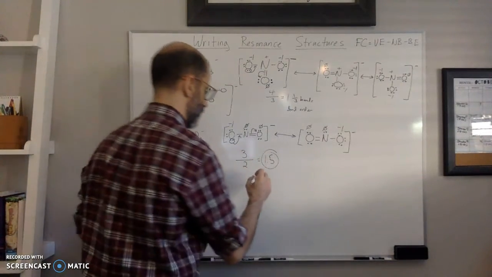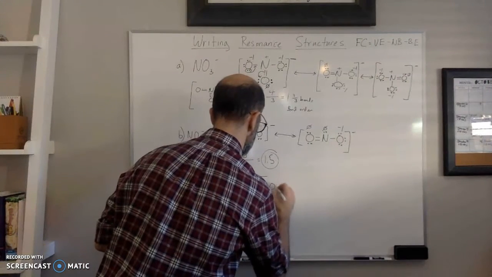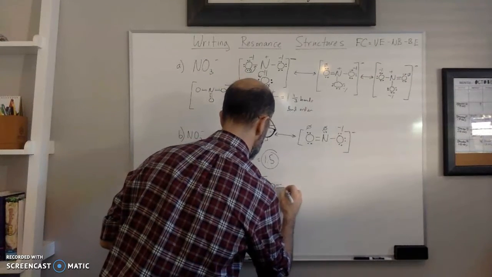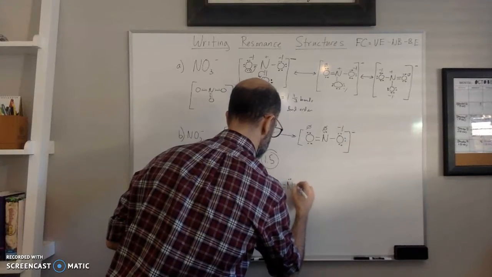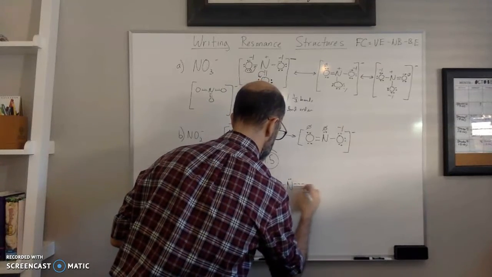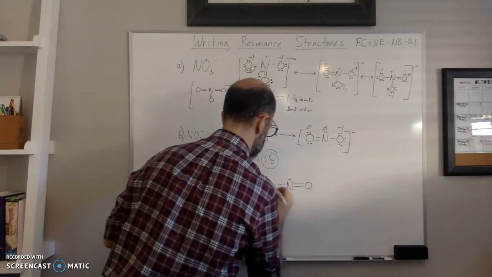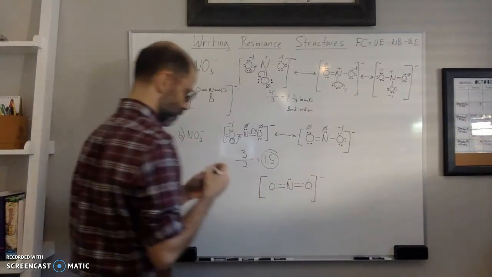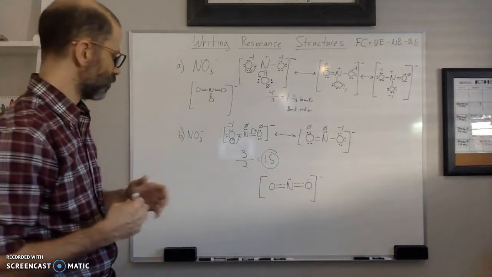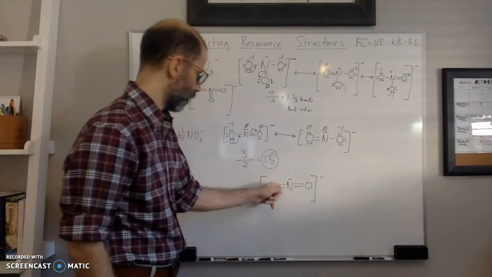So we could draw the hybrid structure again. So the hybrid structure would be, let's see, like this. Something like that. And so notice again, you have 1 solid line, 1 dotted line.